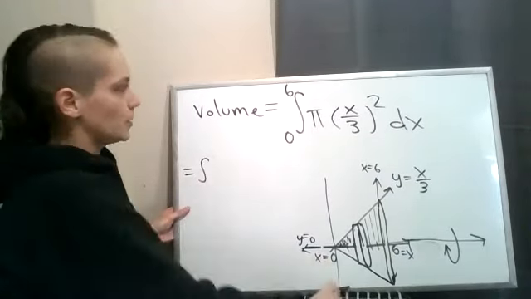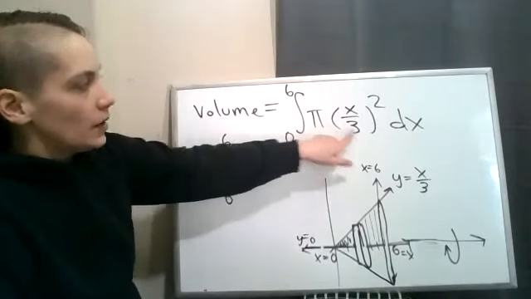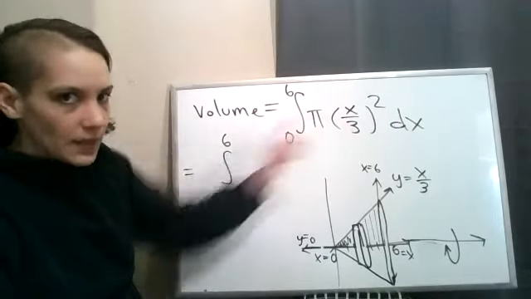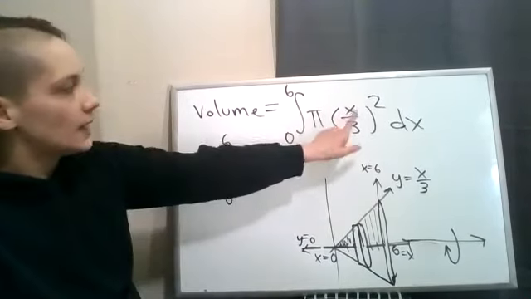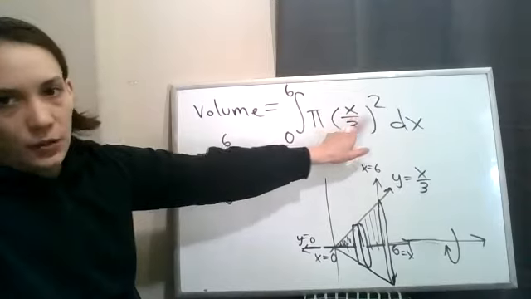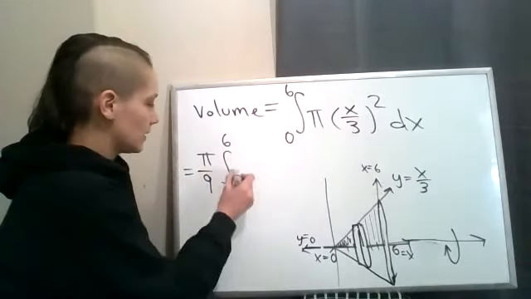Let's bring out pi over 9. And then we're integrating x squared dx.